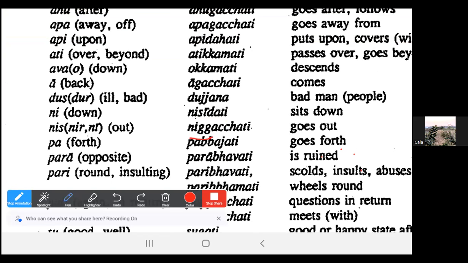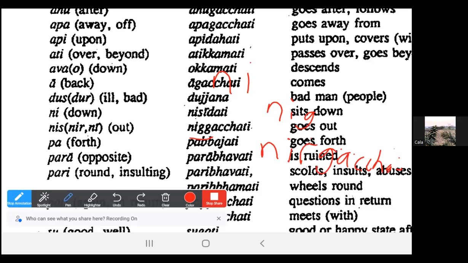Why do you have double G here? Because ni is a short sound, but if you have ni and G, the sound is a little bit changed here. Ni gacchati. Or another way you can say nig gacchati.